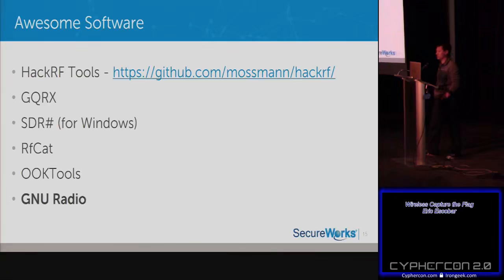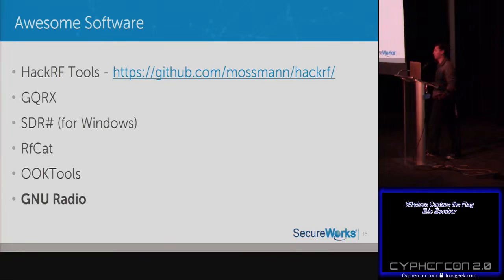And then one of the other even cheater tools that I use is this on-off keying tool, so OOK tools. Basically what this does is clean up your WAV files. It'll process your WAV files so you don't have to worry about any of it. It'll search for frequencies. It'll look for on-off keying. So if you don't know exactly what the frequency is of some device that you're using, if you're trying to black box it and you don't have an FCC ID to go off of, you can use OOK tools.